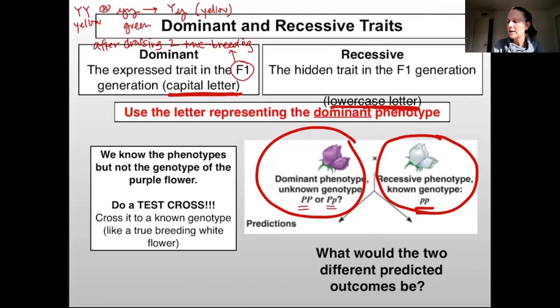How would we figure that out? We would do what's called a test cross. A test cross is taking that plant that we don't know its genotype and crossing it to something that we do know the genotype, such as a white flower. So let's go ahead and do those two crosses.